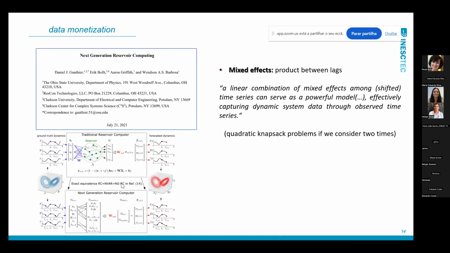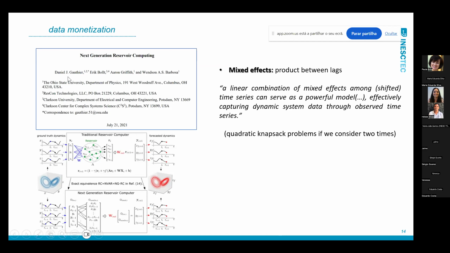Okay, so just to conclude this part on data monetization, this is a spline regression where we transform each feature individually. But there are cases where it would probably be more useful to consider interactions between features, mixed effects like products between lags.